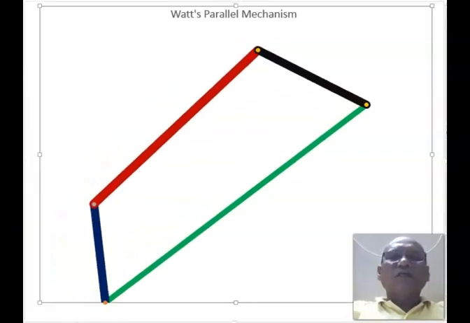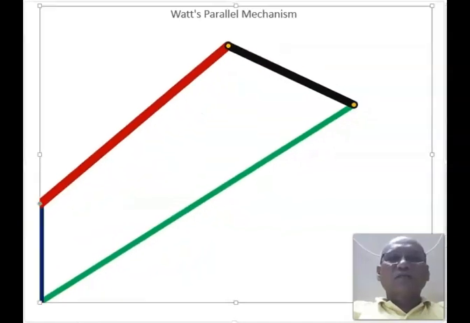So this is the thing, and our problem was to generate the locus of the midpoint of the coupler. So this is done, and the beauty is that this midpoint of this coupler moves in a vertical straight line at the center. So let us see how it works.